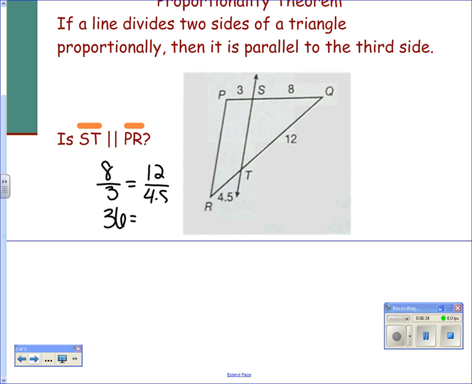What is 8 times 4.5? Yes. Since they equal each other, they are parallel. If it wasn't equal to 36, would they be parallel? No. That makes sense? Questions on this one? Okay.